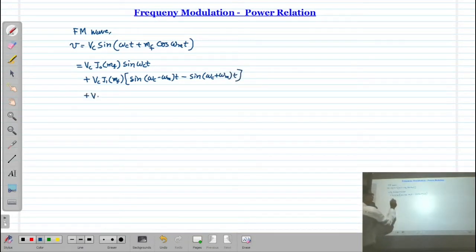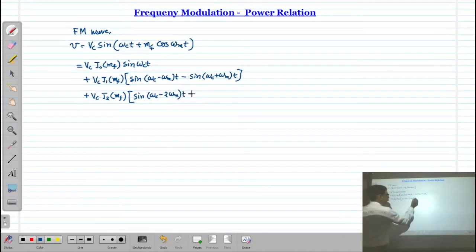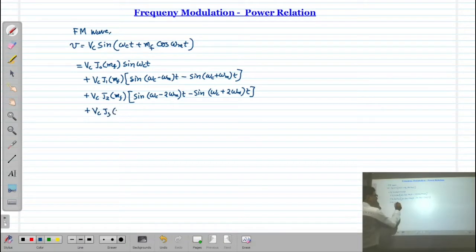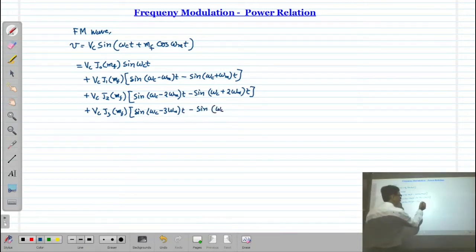The third term will be Vc into J2(Mf), then in the bracket sine (omega c minus 2 omega m) t minus sine (omega c plus 2 omega m) t, and the same way we can write a fourth term, Vc J3(Mf), then sine (omega c minus 3 omega m) t minus sine (omega c plus 3 omega m) t.